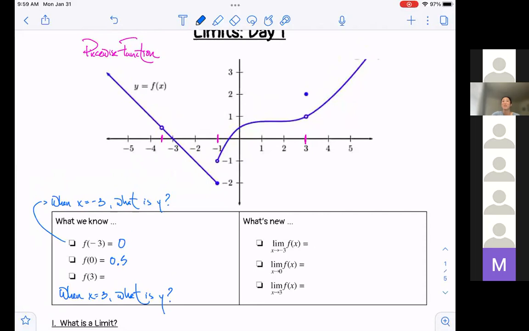Okay, so I'm looking in the chat and I'm seeing some folks put in 1 and some folks put in 2. Those are really, really good choices. Okay. So can someone who's put in a 1 maybe unmute themselves or put in the chat why they think that the y value is 1?